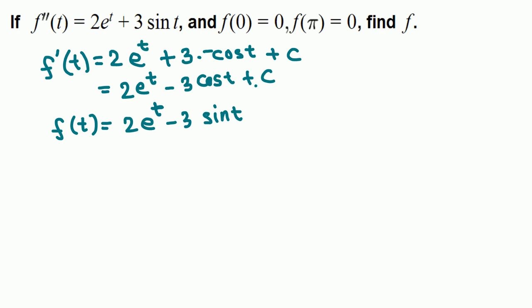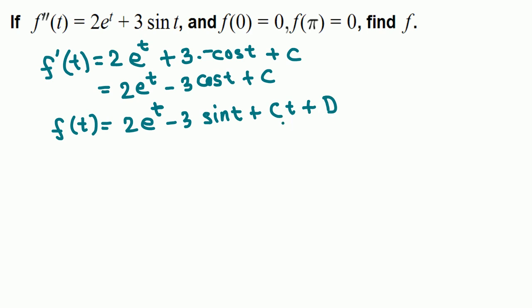Plus a function whose derivative is c. Just think about 5 or 7: 5x, in this case ct. The derivative of ct is just c, like the derivative of 5x is 5. Plus 0 is always there, so we write another arbitrary constant d.